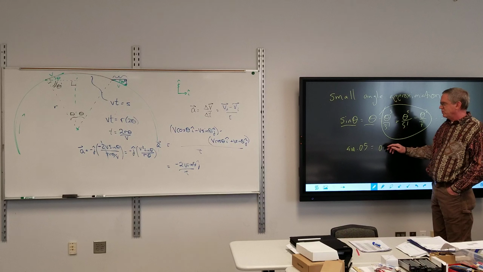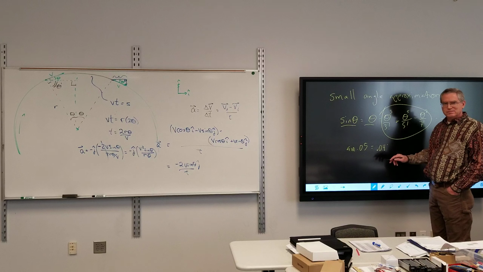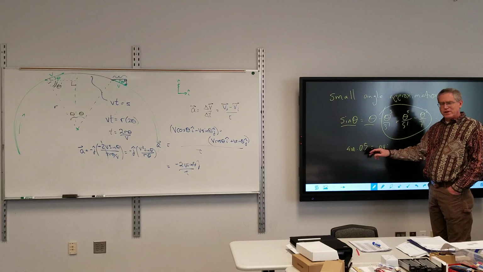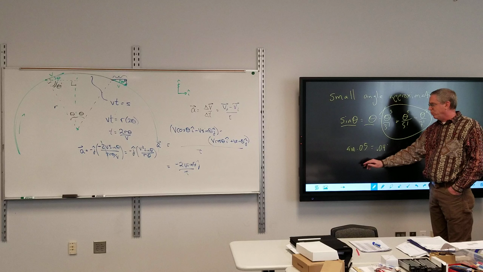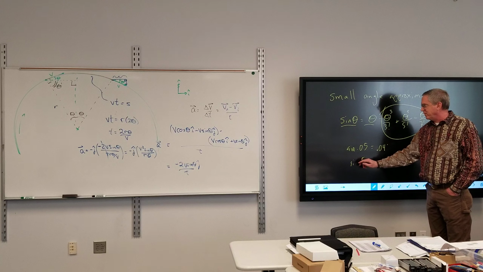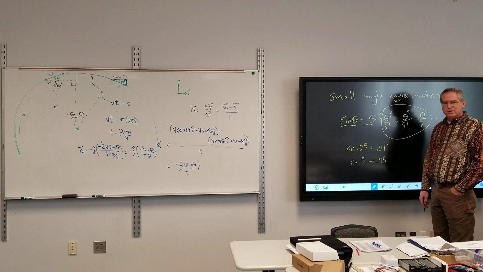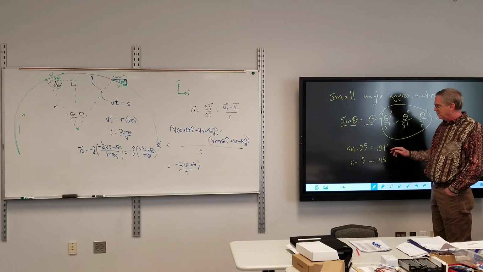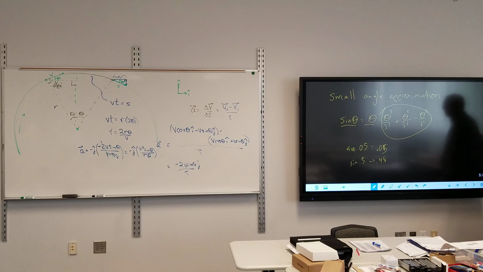Sorry, the sine of 0.5 was 0.48. And then for 0.05, I got 0.05. They rounded off to that.